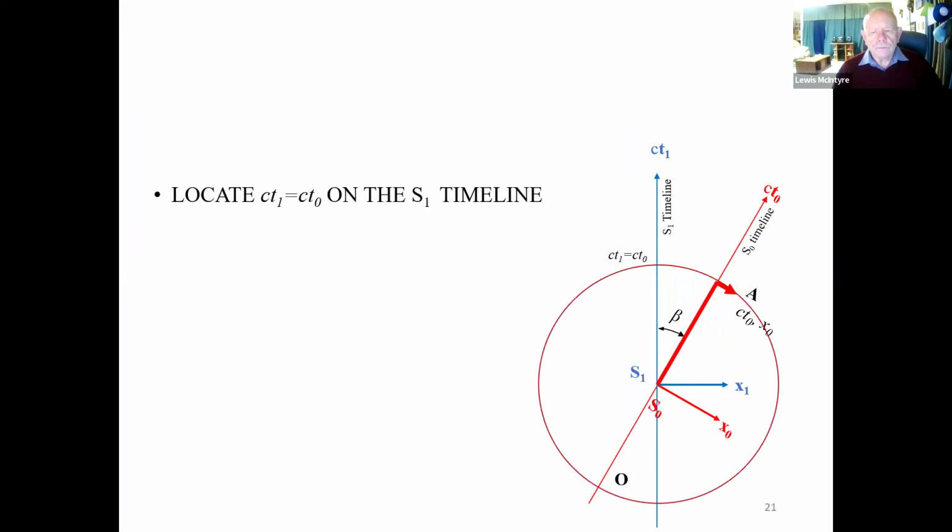First, we locate CT1 equals CT0 on the S1 time axis. Then we erect a temporary X1 axis in S1 at CT1.